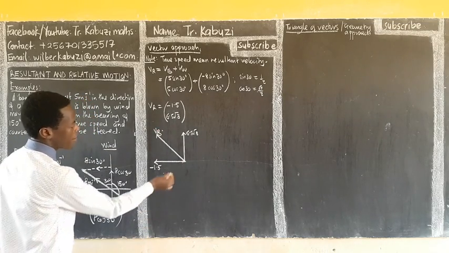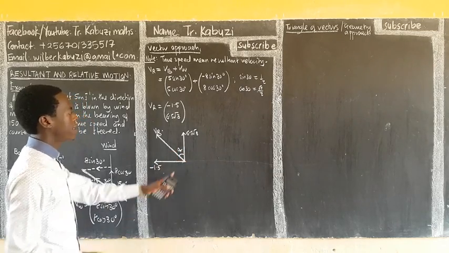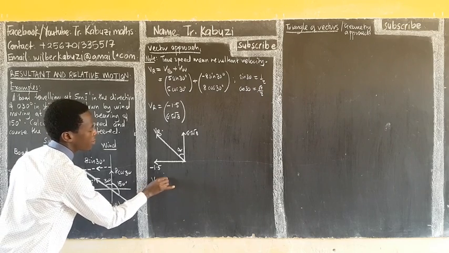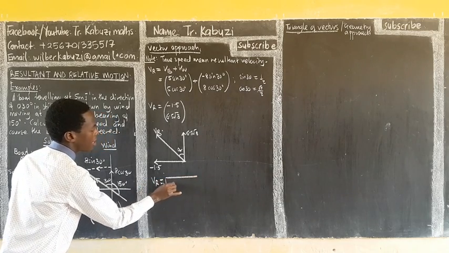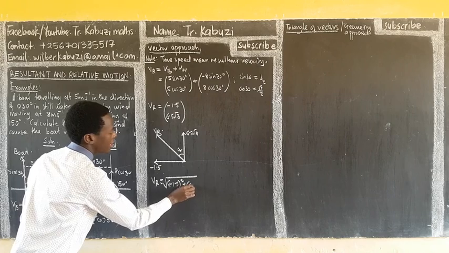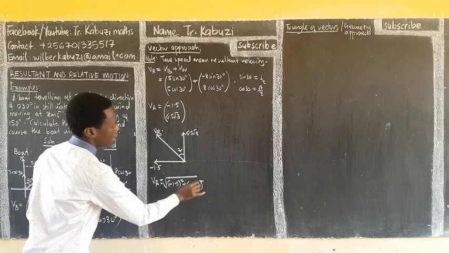So now, remember we said our angle is set at this cost, so this is going to be alpha. It's already set there. So VR is going to be the square root of negative 1.5, the whole square, plus 6.5 root 3, the whole square.